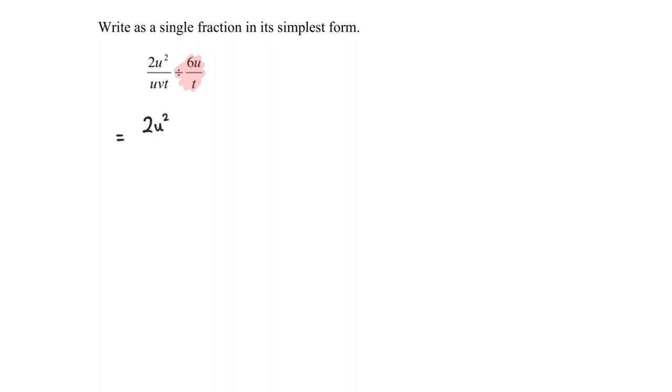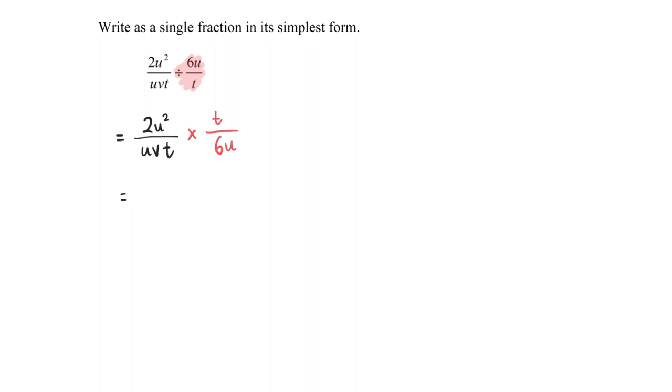This is the same as what we have learned previously, that every time we divide by a fraction, it is the same as multiplying by the reciprocal. Okay, and from here then we could then start to simplify.